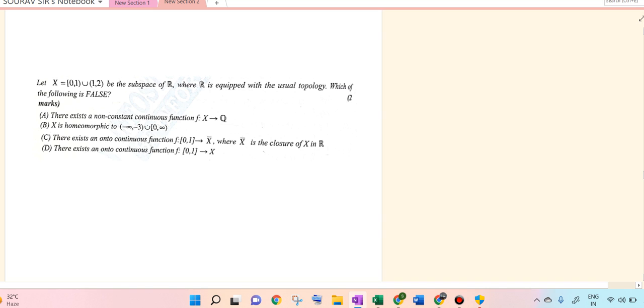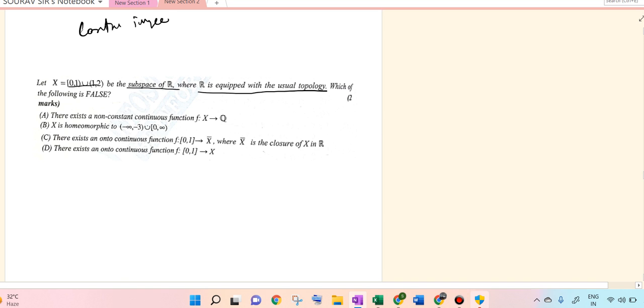Next, X, [0,1] to [0,2], the subspace of R with the usual topology, then which of the following is false? So in this case we know that the continuous image of a connected set is connected.